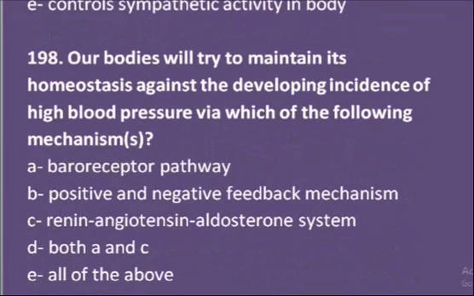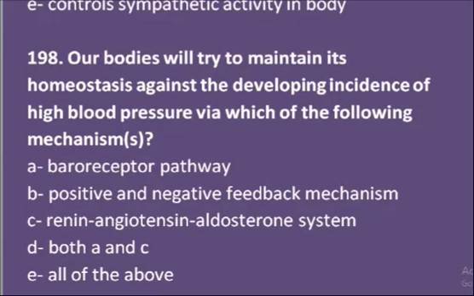Now our body will try to maintain its homeostasis against the developing incidence of high blood pressure via which of the following mechanism or mechanisms? So options are baroreceptor pathway, positive and negative feedback mechanism, renin-angiotensin aldosterone system.